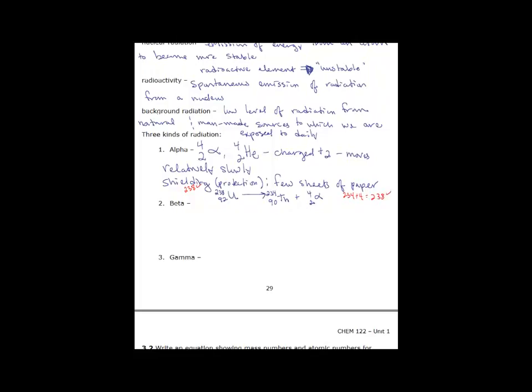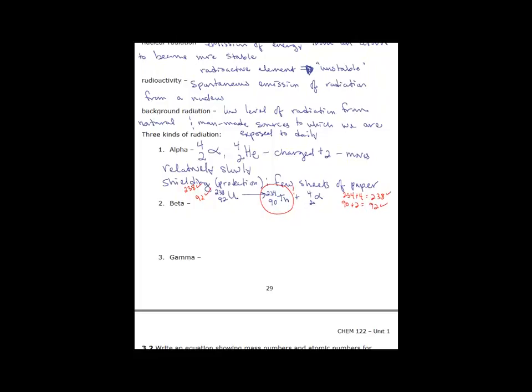So that's balanced. Same thing has to be true of the atomic numbers. We have 92 on the left, and then 90 plus 2 gives us 92. So that's balanced. I could have just left this blank and said, fill that in. And with addition and subtraction, you could have figured that out.